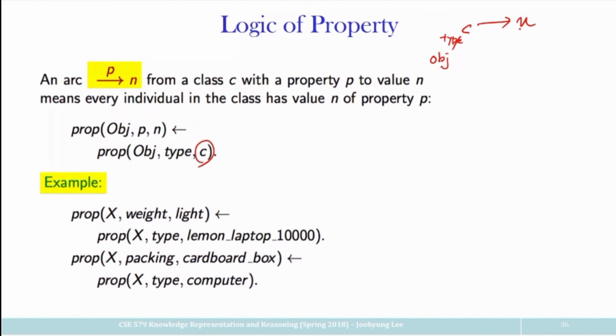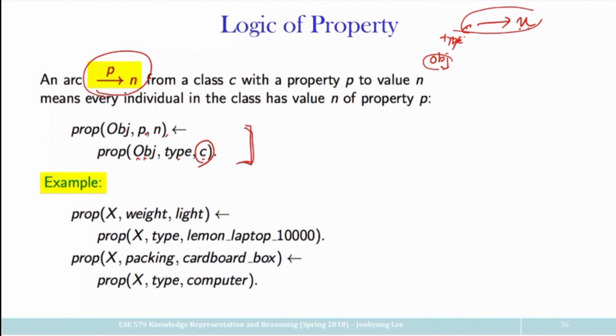And that can be expressed by a simple rule like this. Okay? So suppose you have this arc from class C with a property p to value n. So suppose you have this link here. Okay? Then we want to also say that the object of the class also has the same value n. It can be expressed by this rule. So if the object is a type of the class, then the object will also have the same property with the same value.